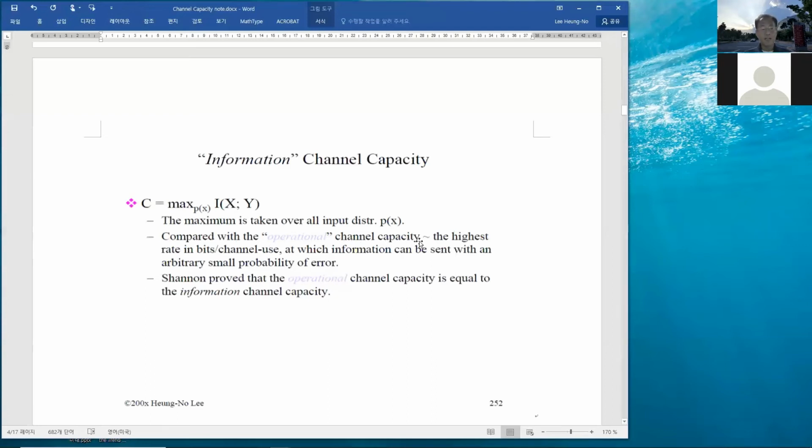This is the highest rate in bits per channel use at which information can be sent with an arbitrarily small probability of error in practice. Shannon proved that the operational channel capacity is equal to the information channel capacity.